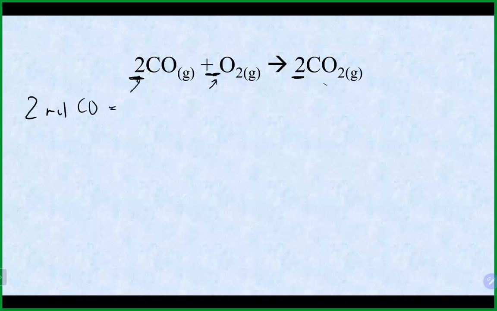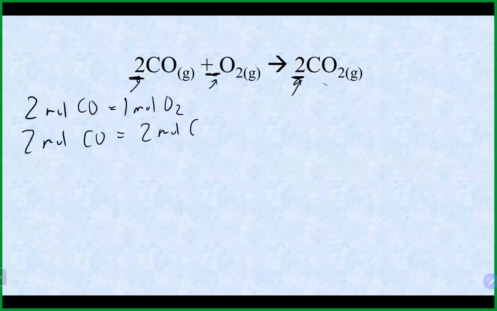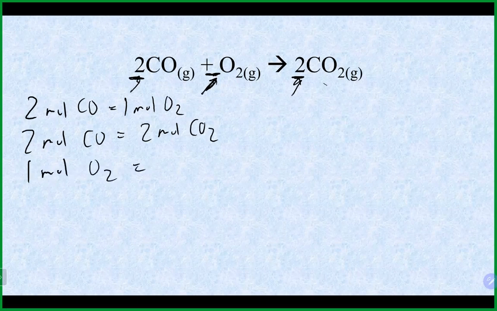You got to throw in 1 mole of O2. You could also say for every 2 moles of CO that you toss in there, you got to also get out there 2 moles of CO2. And for every 1 mole of the O2, you get out 2 moles of the CO2. So that is where the relationships come from.